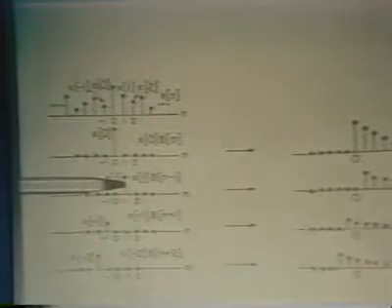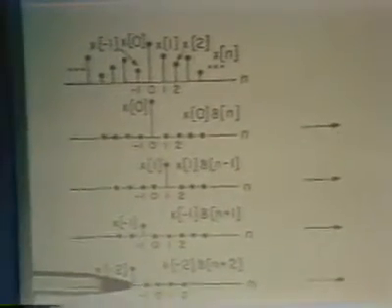We, of course, have taken the sequence x of n. We have decomposed it as a linear combination of these weighted delayed impulses. When these are added together, those correspond to the original sequence x of n.